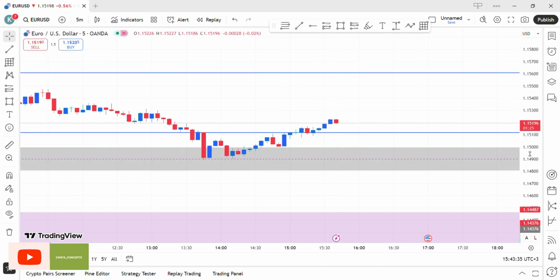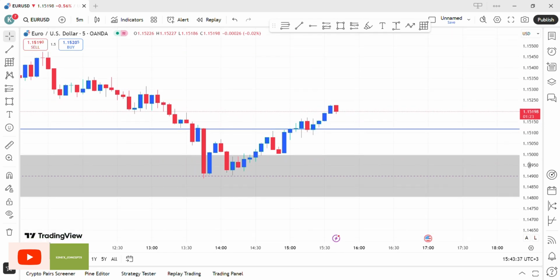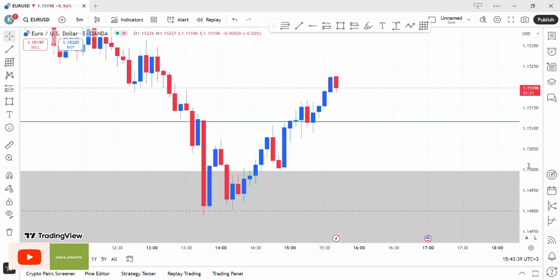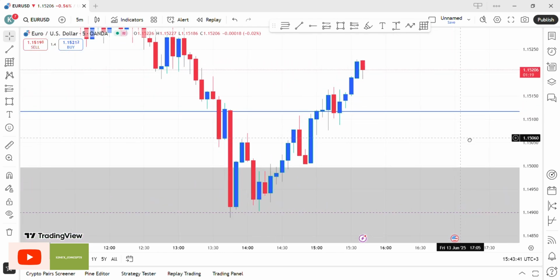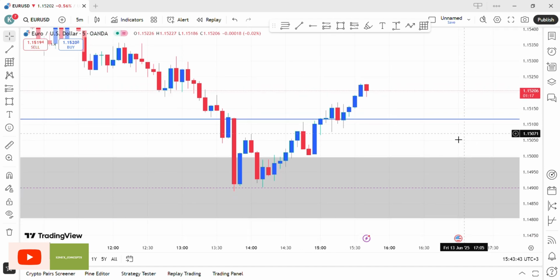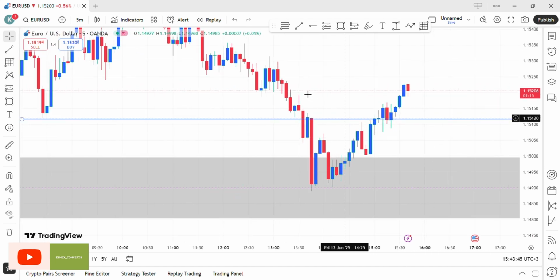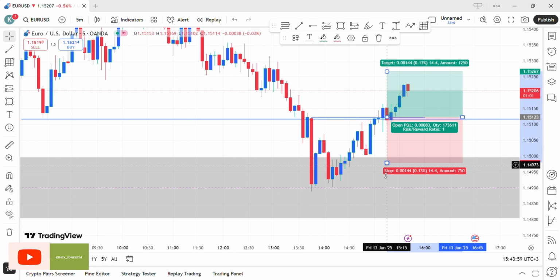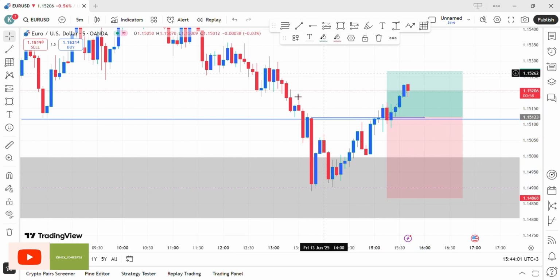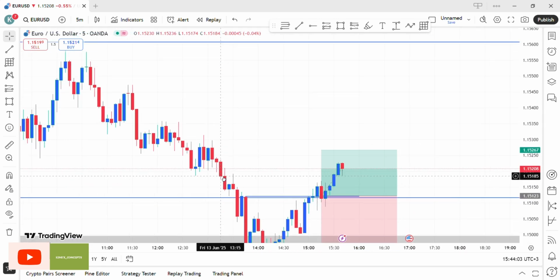On the 5 minutes time frame, I can see we have a change in state of delivery at this point. So you have your buys from that point. Stop loss some few pips below that low. And now, you take the 50% of the range.